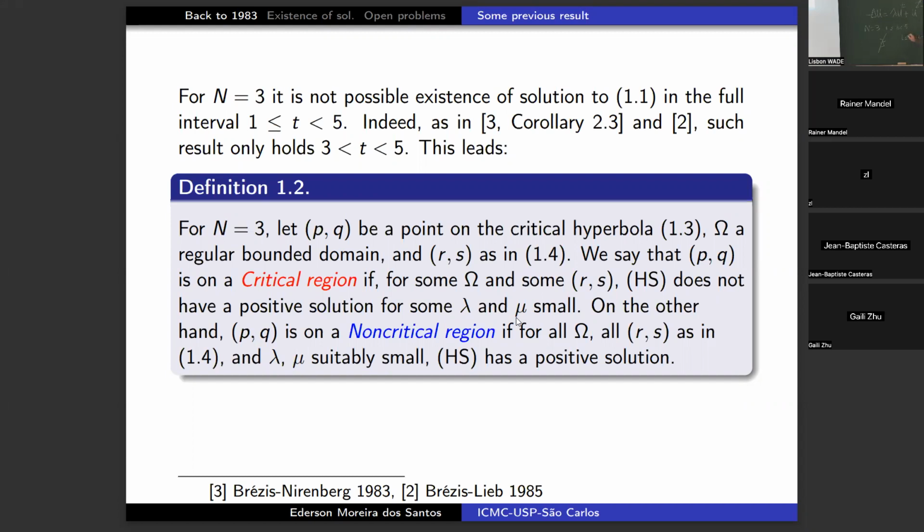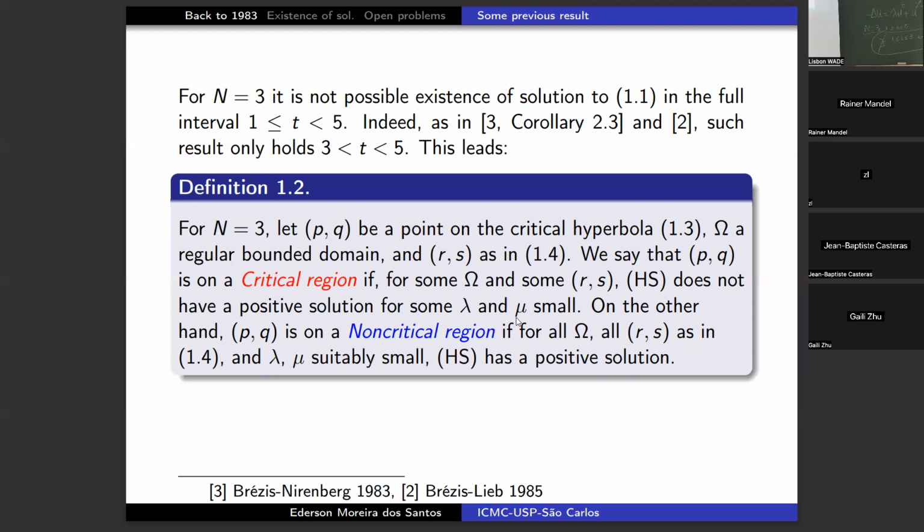So for lambda small and t greater than 1, less or equal than 3, there is no solution for the Brezis-Nirenberg problem. So this means, let's say, that this is the critical dimension. So this corresponds to that notion there.